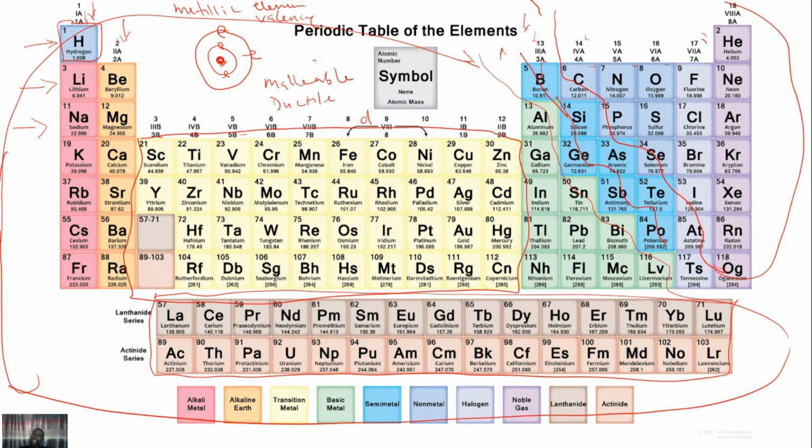They behave like non-metals physically in the sense that they are brittle. They are not malleable and they are not ductile. They rather break if you want to beat them into sheets. So they are non-malleable and non-ductile. They are brittle.